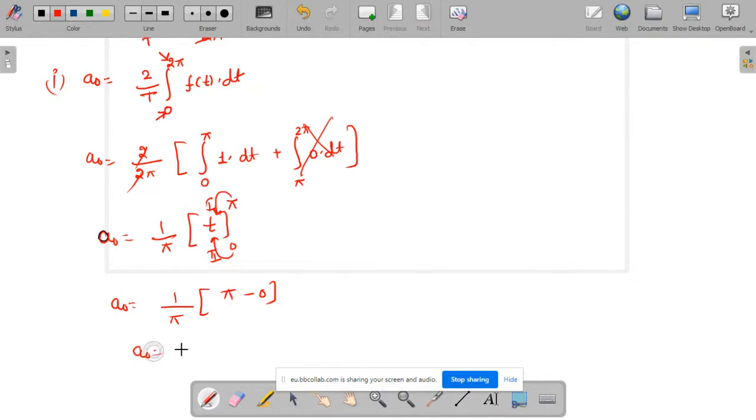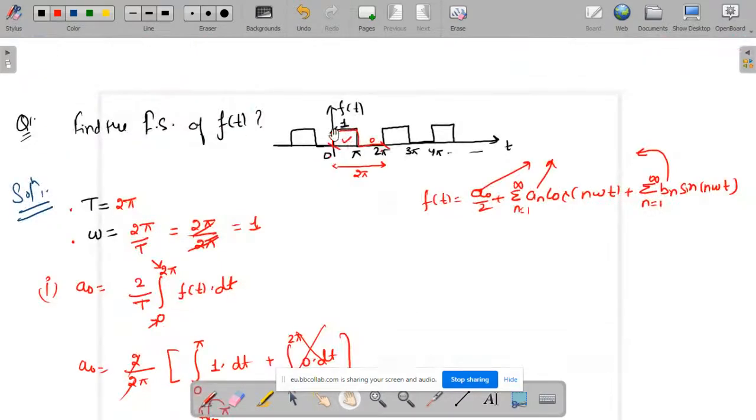Then this cancels out, answer is 1. So this is 1 divided by pi multiplied by pi. This pi cancels, answer is 1. So the value of a naught is 1.